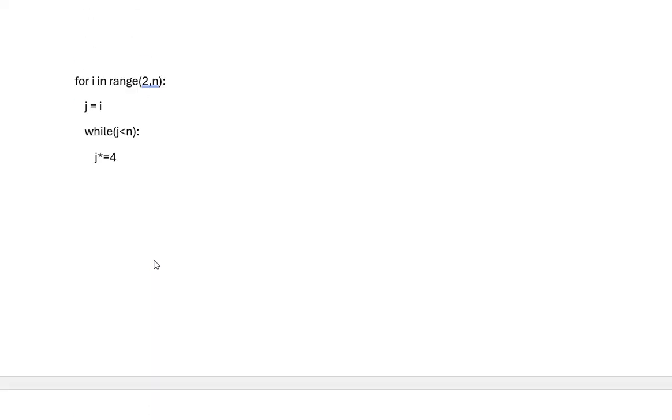Okay, it's a last little code snippet that I've got. But when we look at, let me do another one.